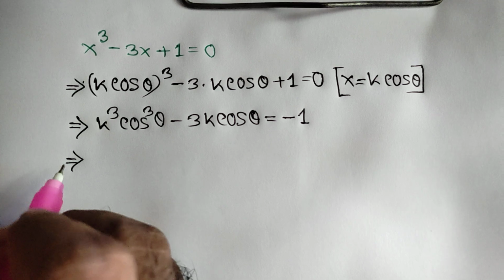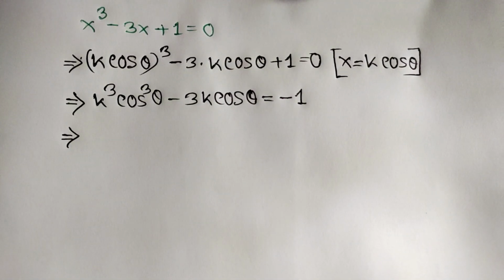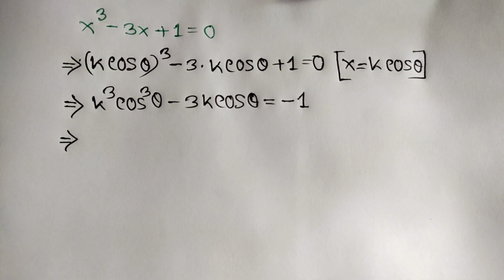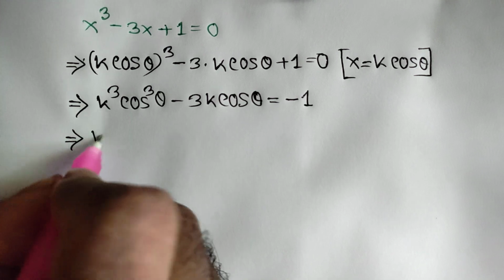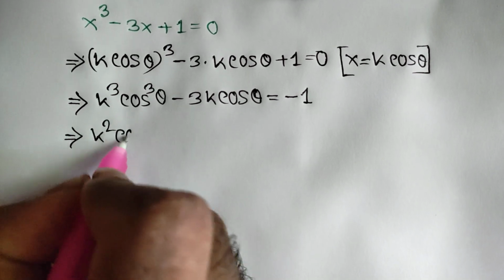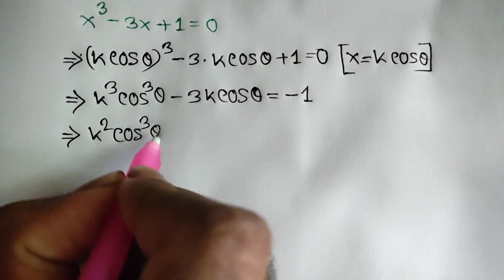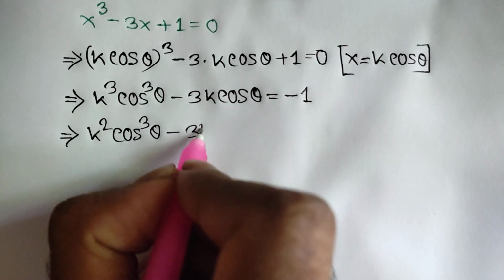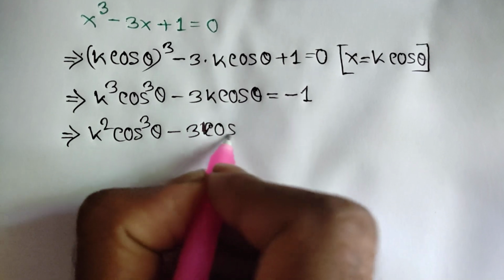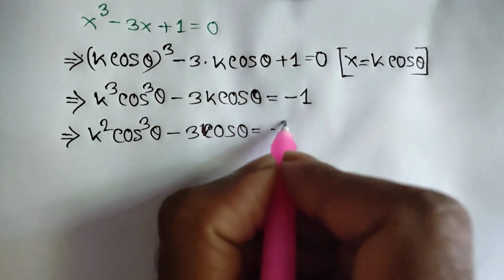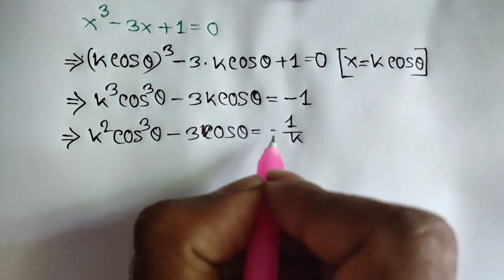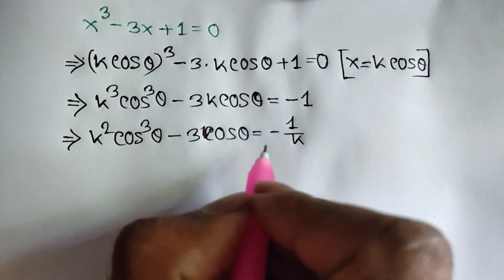Now divide both sides by k, we will write here k square cos cube theta minus 3 cos theta is equal to negative 1 over k.